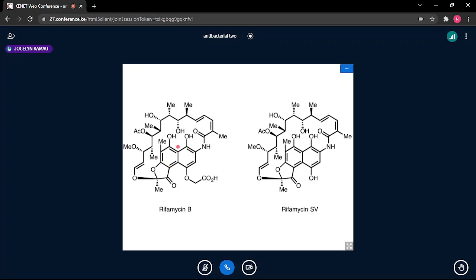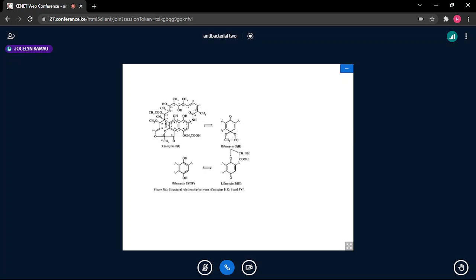So this molecule here, the naphthyl moiety, or the aromatic area, is the one which is numbered first. Of course, normally we avoid the intersection. We number that section, and then we continue the numbering. So it was good to draw those structures so that we appreciate the different types of the rifamycins.